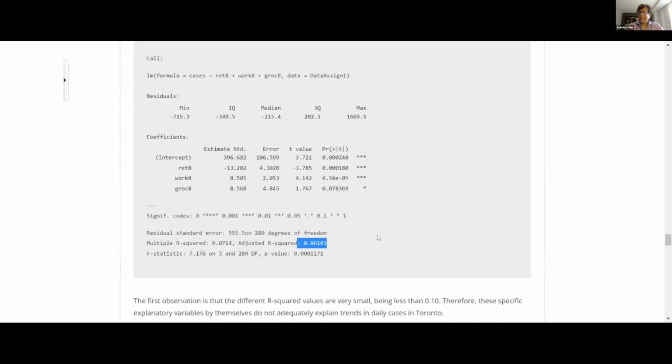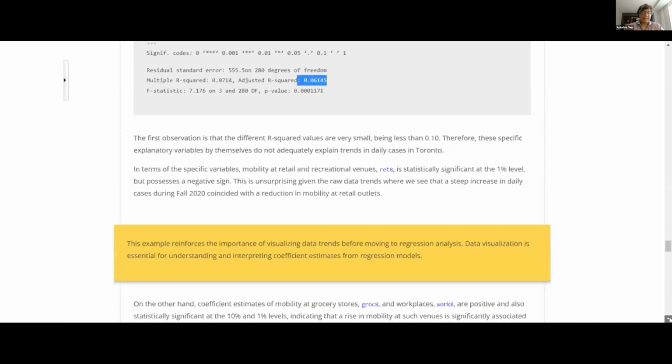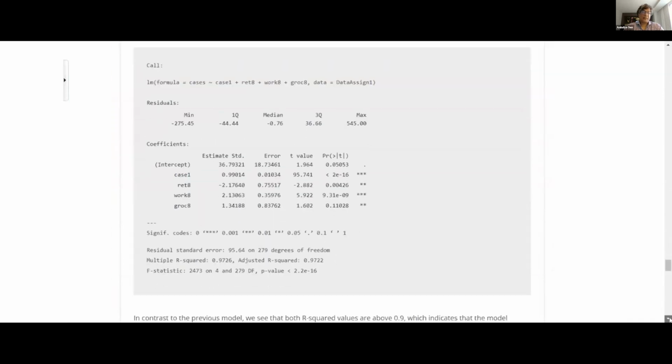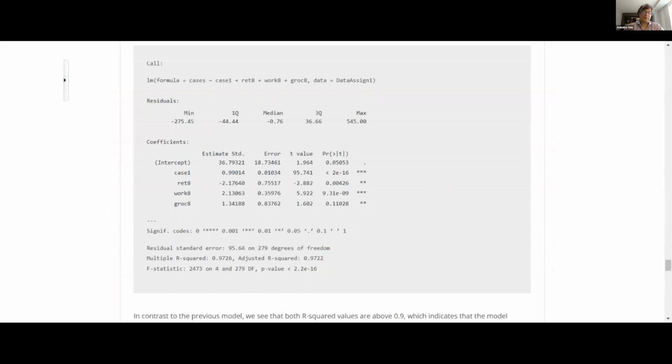Now, what happens when we add another variable? Remember, the dependent variable is the number of daily cases of COVID. The key variable on the right-hand side now is, excuse me, the number of cases yesterday. Unsurprisingly, that has a huge effect.